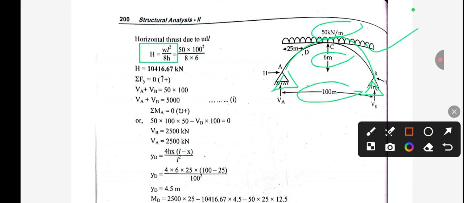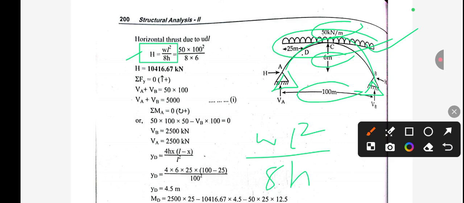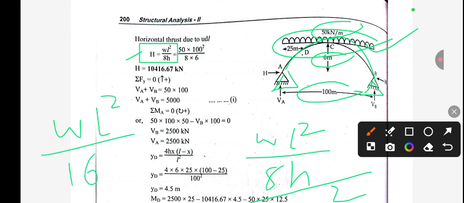If this UDL is acting for the half span, then we have to just divide this formula by 2. So for the half span the formula of horizontal thrust will be WL square by 16h. This is just to give some idea for the half span.